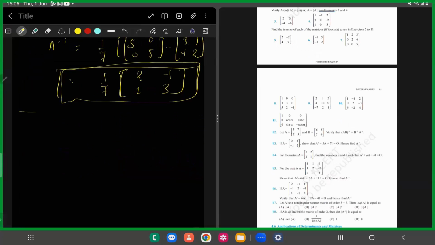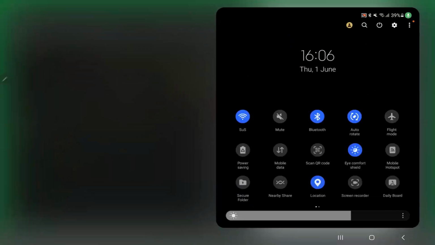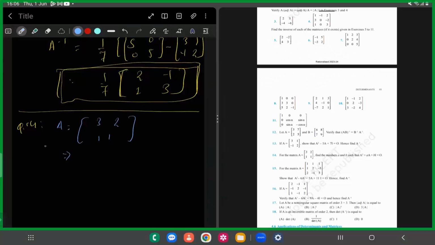All right. So in question number 14, A is equal to 3, 2, 1, 1. If I quickly find the cofactor matrix, it would be 1, minus 1, minus 2, and 3. Its transpose would be 1, minus 1, minus 2, and 3.